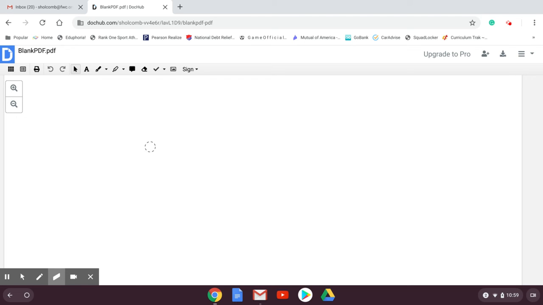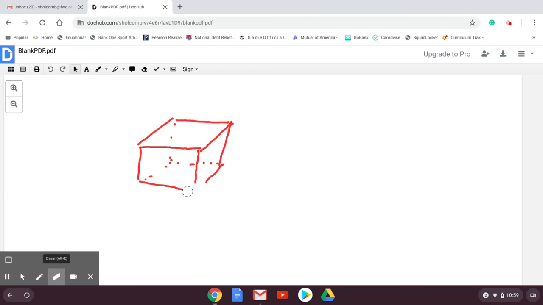There basically is a rectangular prism, like so. Get that a little bit too far down.